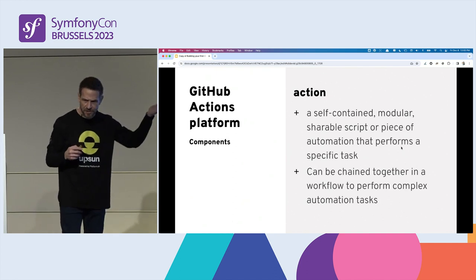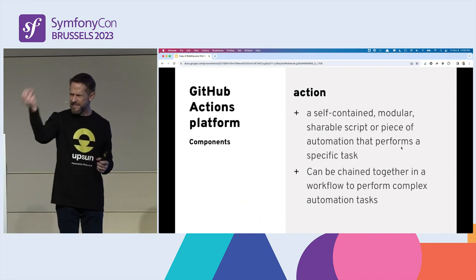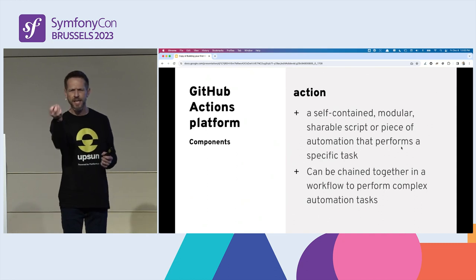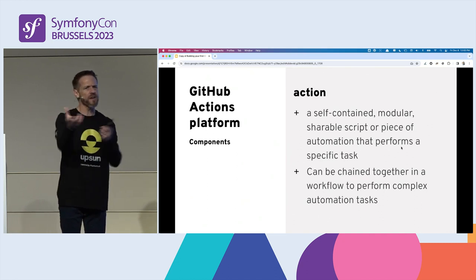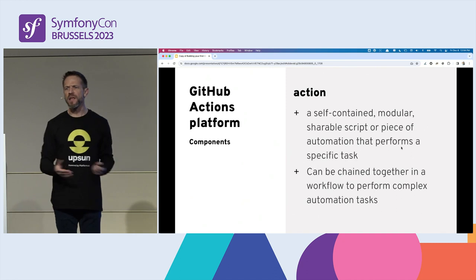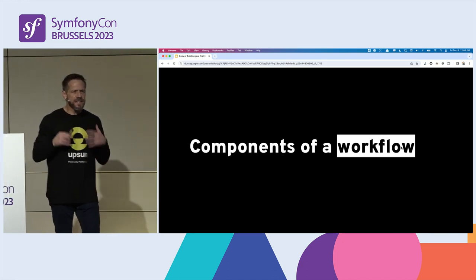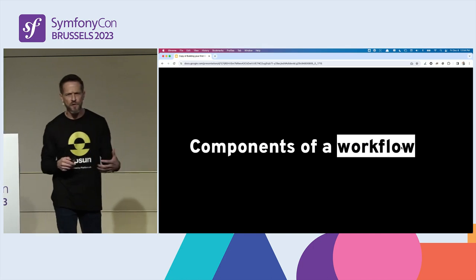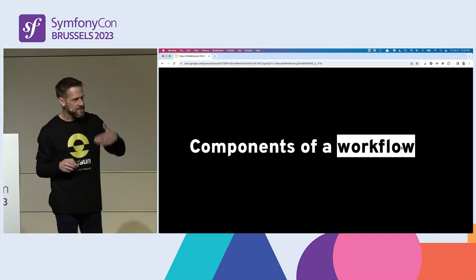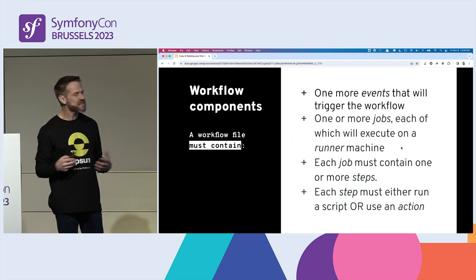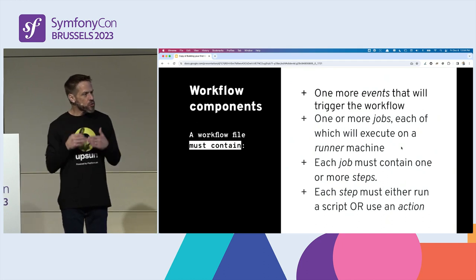And as I mentioned earlier, an action is simply that self-contained piece of automation, like a Lego block, that we can then combine with other actions to build out complex automation tasks. So, digging into the configuration, that workflow file, there are some things that you have to have to build out this automation. That is, you have to have an event.